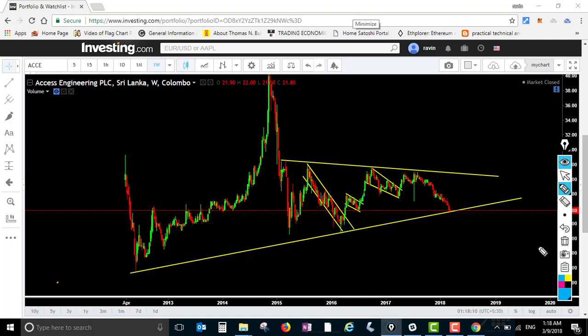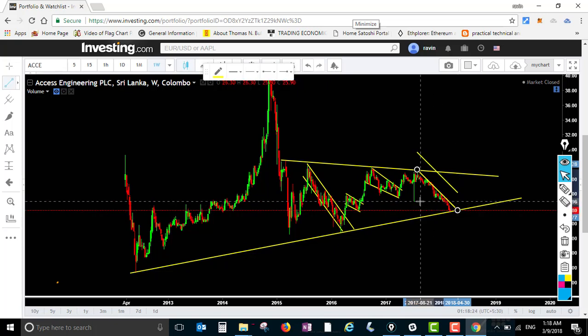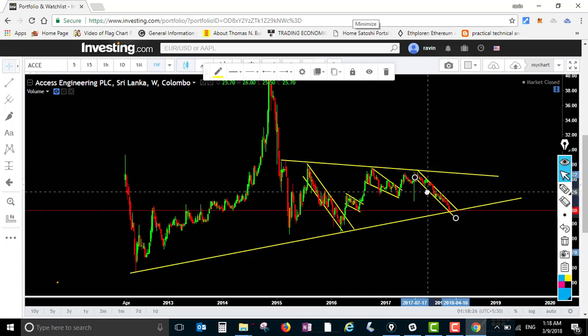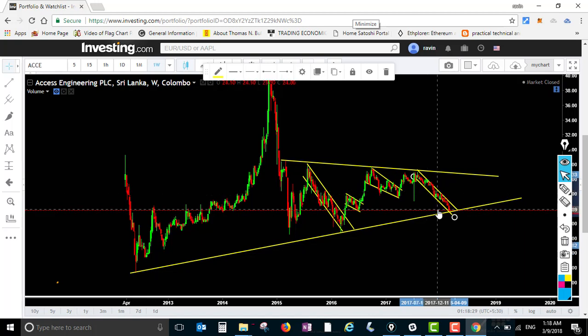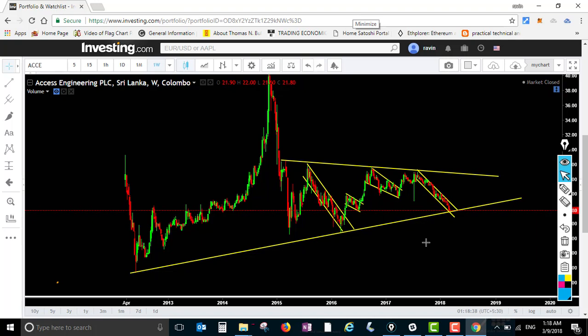What you can do is draw another trend line here, which is a downtrend, and it is a kind of channel again. It is a channel where price can be reversed at any time. How you find the reversal point of this particular channel is your job.